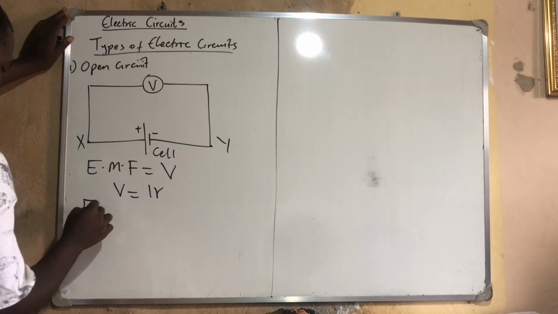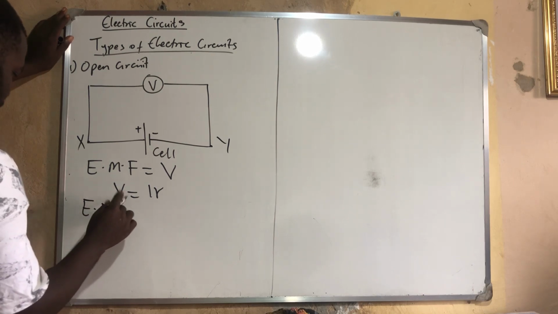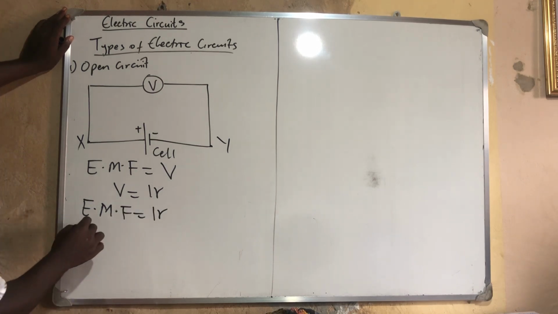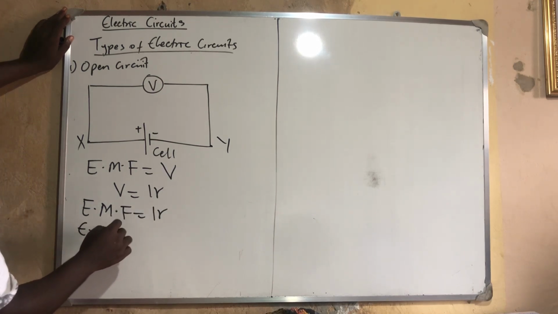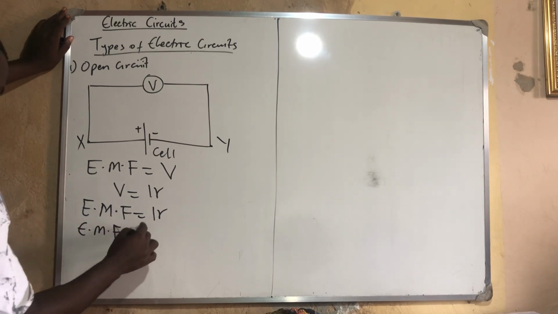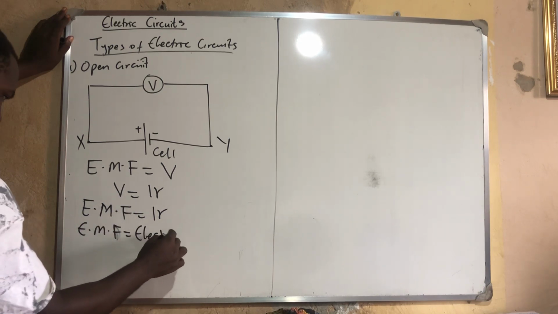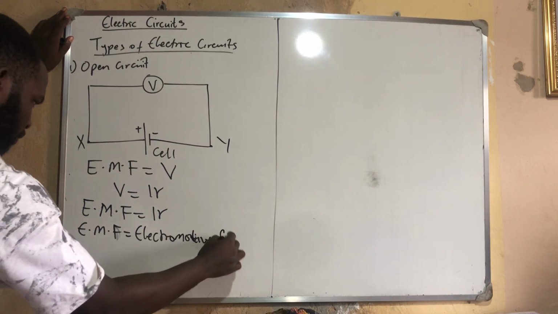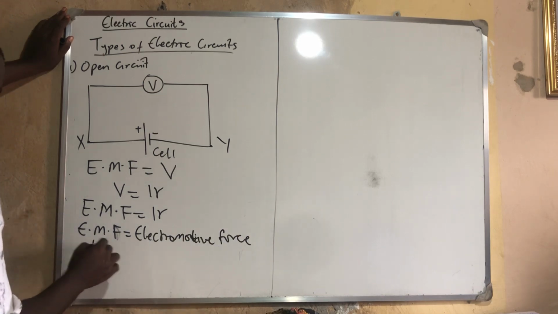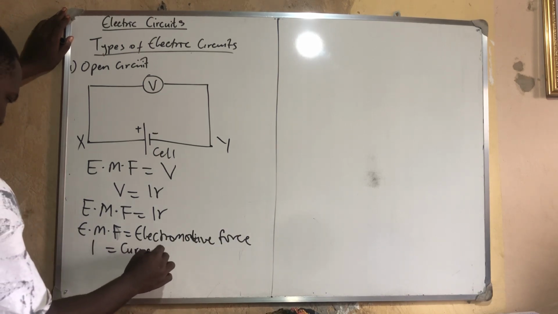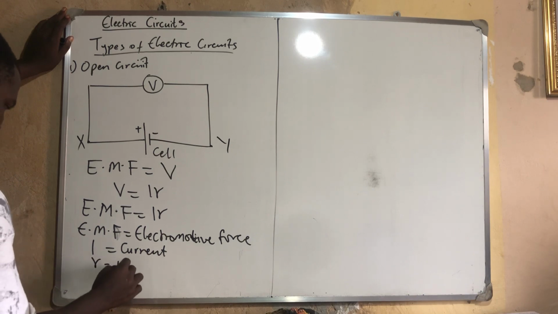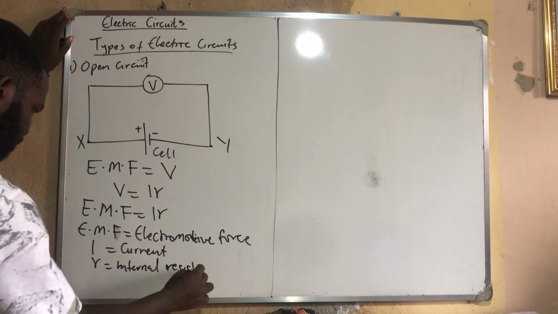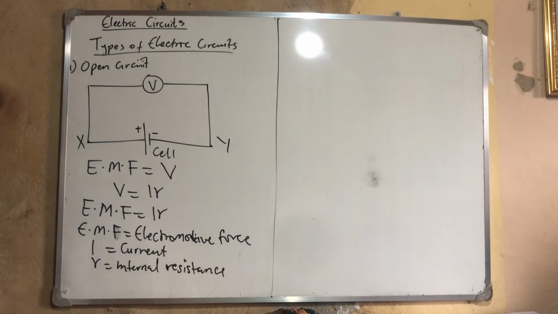So my EMF is equal to I small r, where EMF is the electromotive force, I is the current, and small r is the internal resistance.